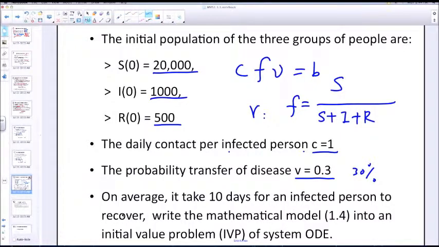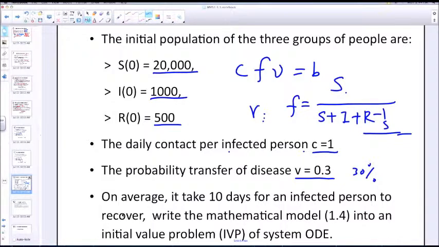So this F is going to be 1 out of 20,000 plus 1,000 plus 500, minus 1, the total population minus 1, because you're not making contact with yourself. So it's the probability the infected people contact a susceptible.